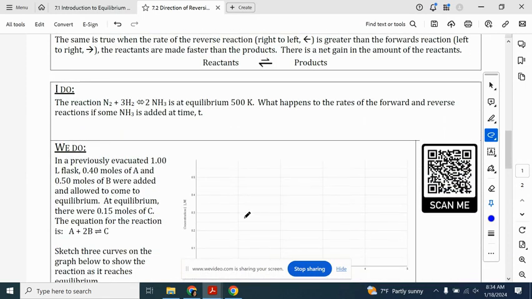So we've got a reaction here, and we are going to be adding in some of this stuff. What's going to happen to the rate of the forward reaction? We're dumping more of this stuff in, giving the products more stuff. What's going to happen to the reaction going this way, forming more products? It's going to slow down. Good.